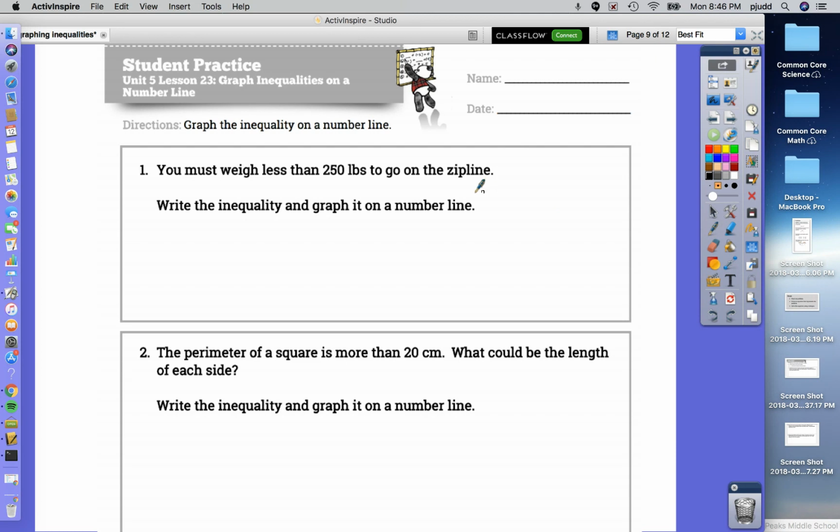Okay, so let's check and see if this is less than 250 pounds. We're going to have weight is less than 250.